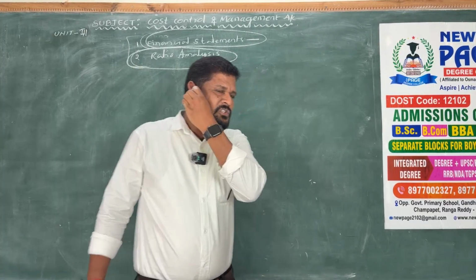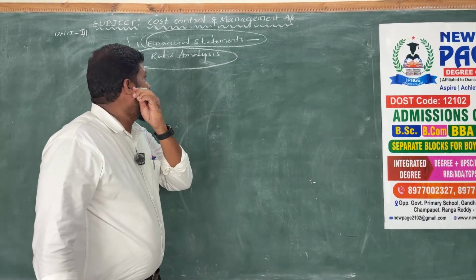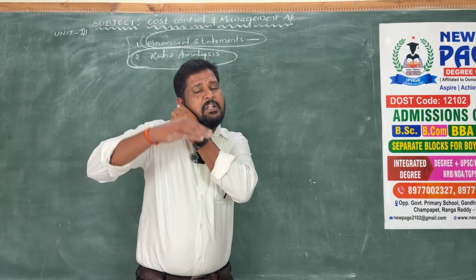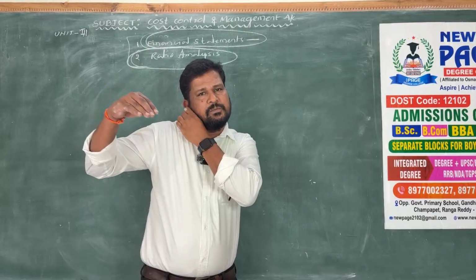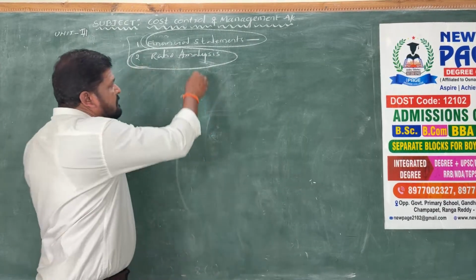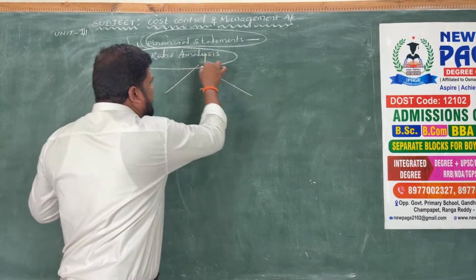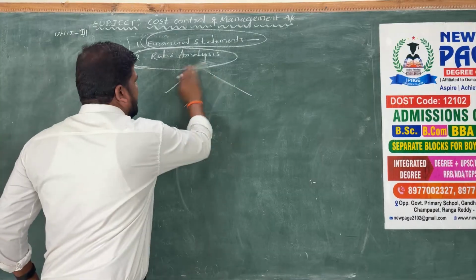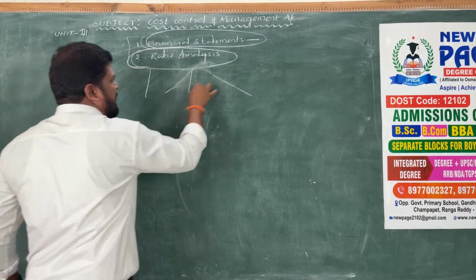Right? Another question is define ratios and explain the different types of ratios, classification of ratios. Right? Ratios are classified in different types. Okay, actually ratios are classified into four types.